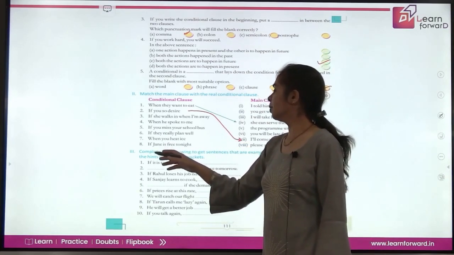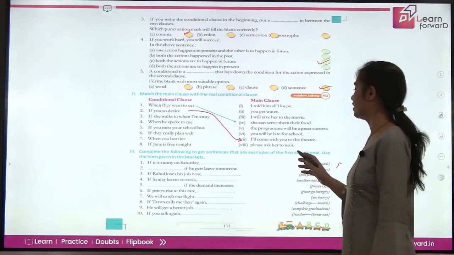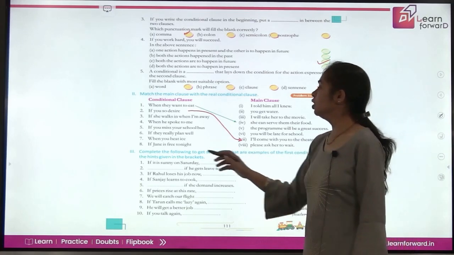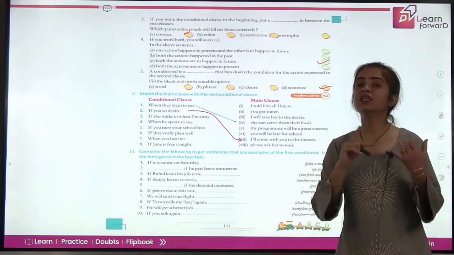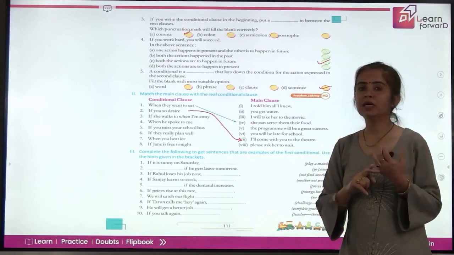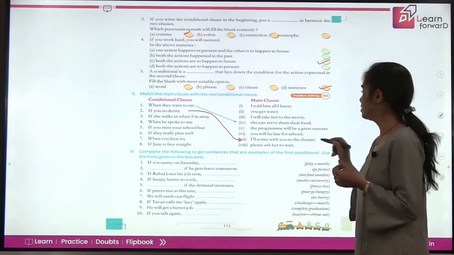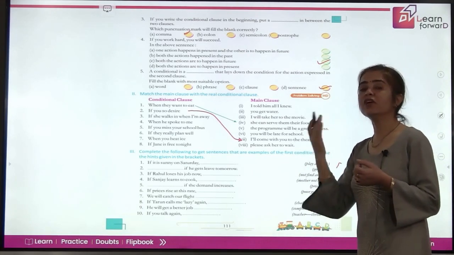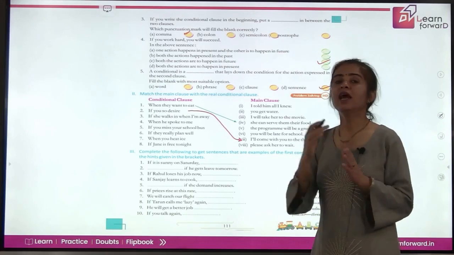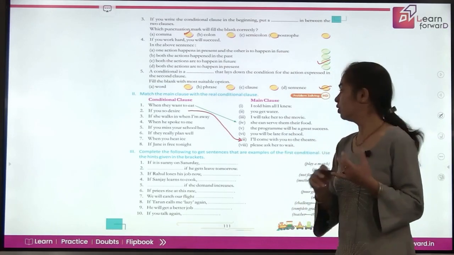conditionals. Complete the following to get sentences that are examples of the first conditional using the hints given in the brackets. So what is the first conditional? The first conditional is your probable conditional, right? And what is the structure there? Recall, and we will do accordingly. So the if clause has simple present tense and the main clause has simple future tense.